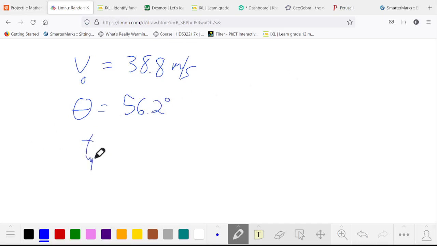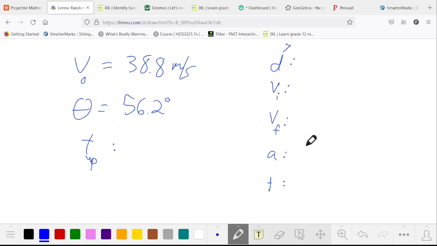So for the time up, to figure that out, we need to take a look at what we know. If we look only in the y component, because that's going to determine how far it goes vertically, we're looking for our distance, our initial velocity, our final velocity, our acceleration, and our time.